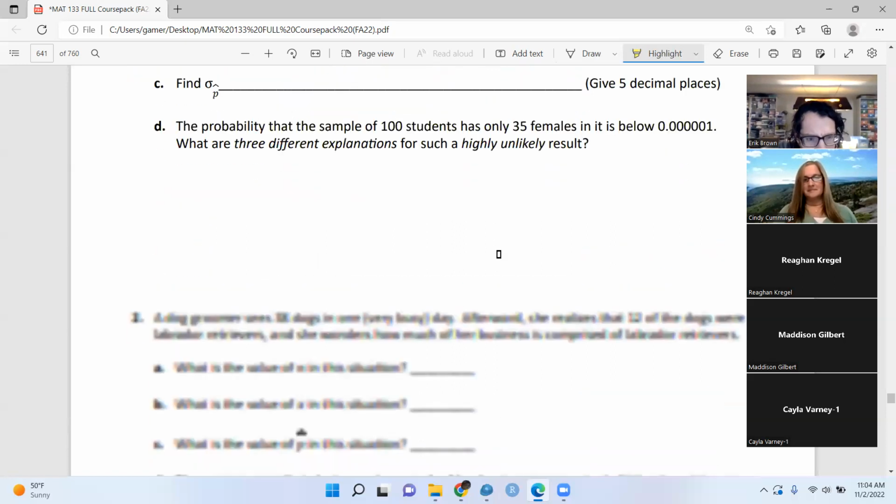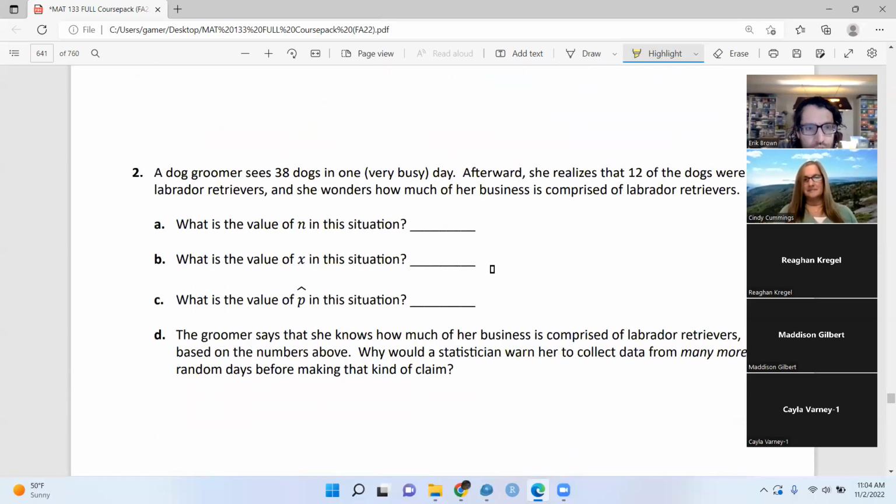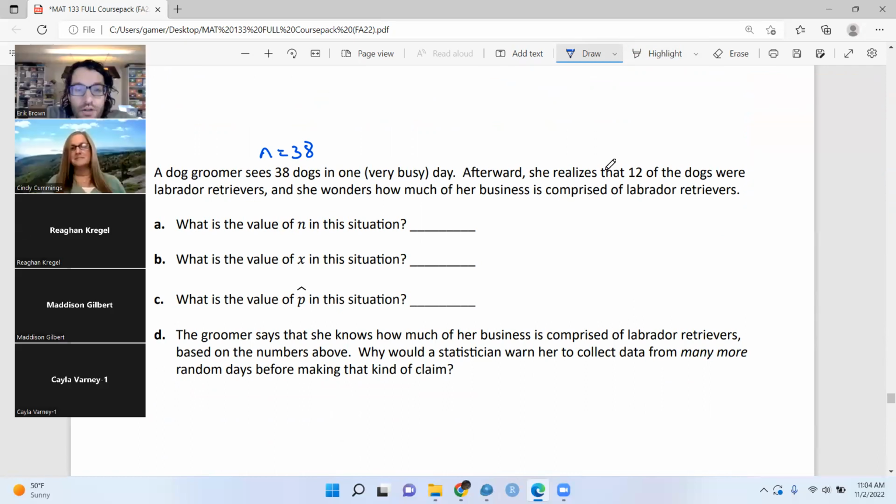Let's look at another problem. Here we go, number 2. So a dog groomer sees 38 dogs. All right, that's n, lowercase n. That's her sample size. In one very busy day, she realizes that 12 of the dogs were Labrador retrievers. Okay, that's part of the sample, right? So of the 38, 12 of them were this particular type of dog.